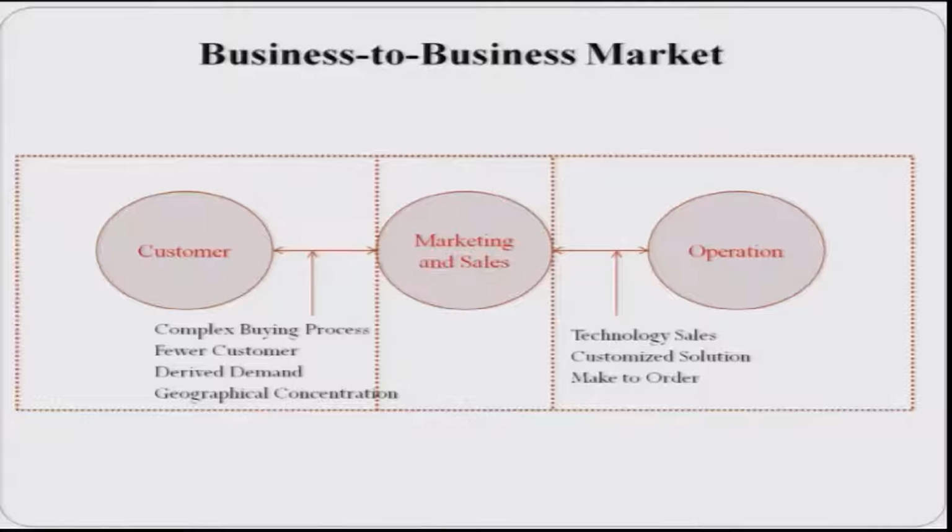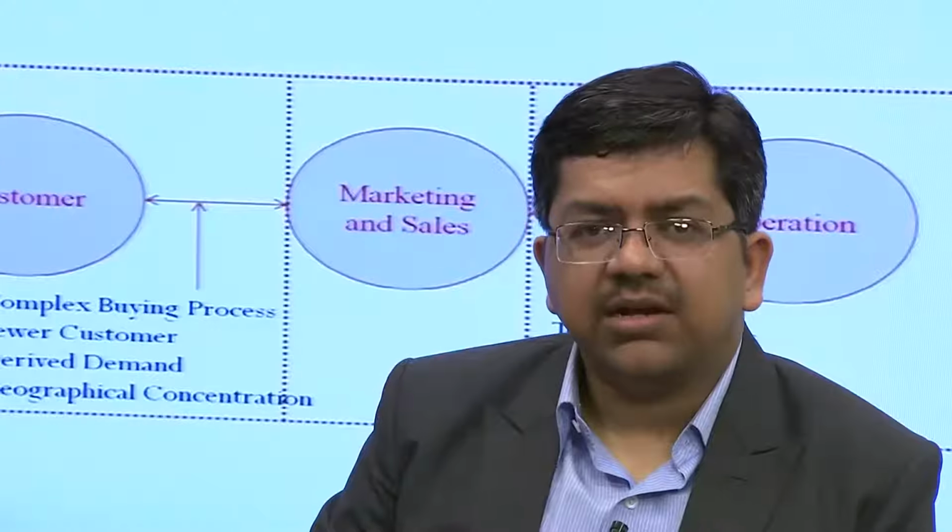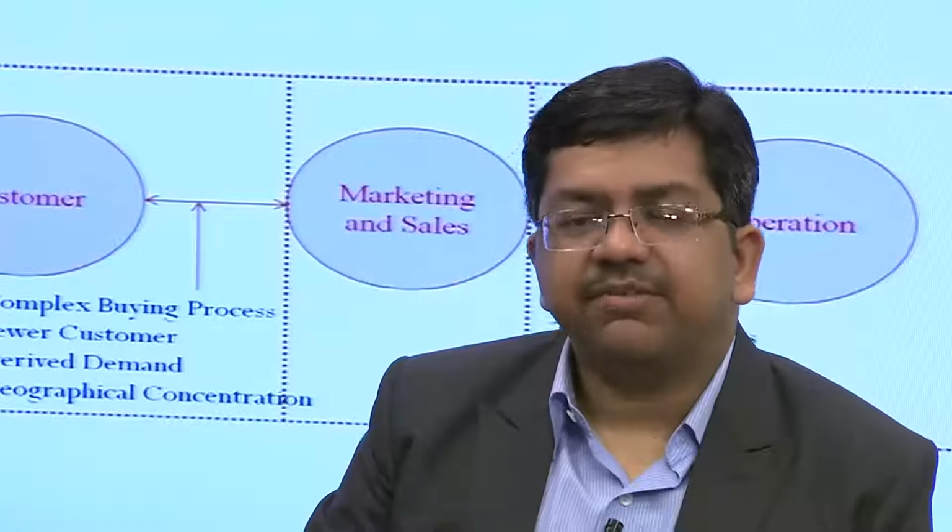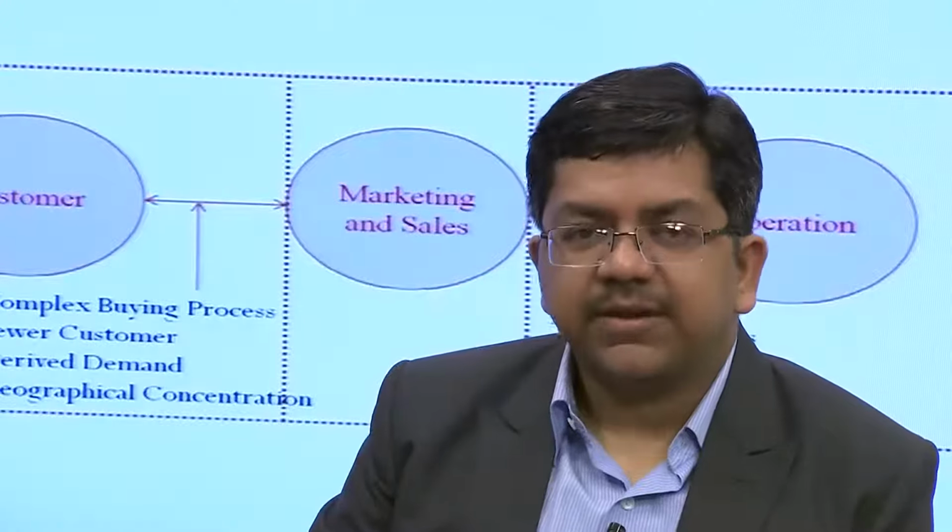That helps us understand that some of the key differences of B2B markets with respect to B2C markets are that the buying process is far more complex than in consumer markets. There are fewer buyers, derived demand and geographical concentration of customers. On the internal interface side, we have looked into technology. We have understood that sales is driven by technical criteria.